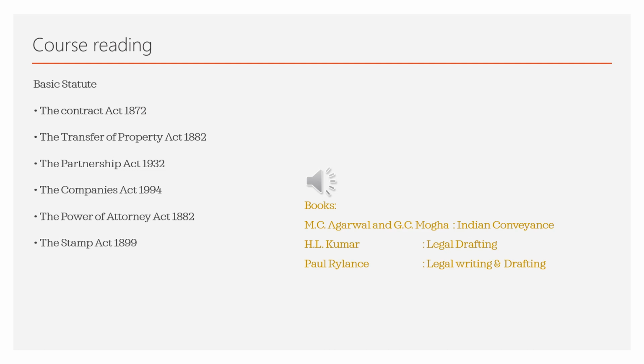Next point is, what will our course reading? To develop your ability to write clear and correct any legal writings, it is necessary to review all laws which are associated with conveyancing, such as the Contract Act 1872, the Transfer of Property Act 1882, the Partnership Act 1932, Companies Act 1994, the Power of Attorney Act 1882, and also the Stamp Act 1899.